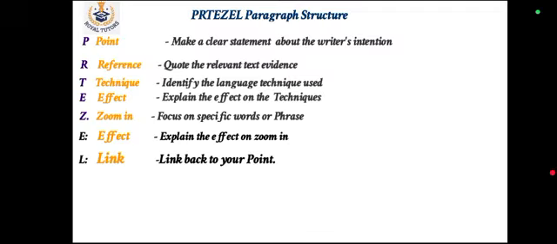Then the zoom in means you should focus on one specific word or phrase. Then the next effect is for you to explain the effect of the zooming. Then the link is that you should link it back to your point.